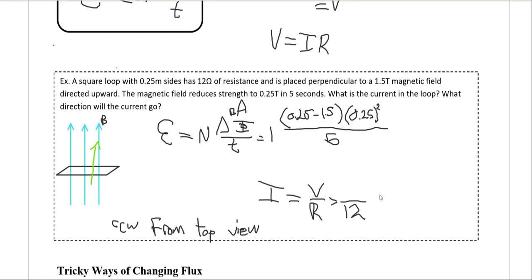That would be a good idea. I get an answer of 0.015625. And to find our current, we would then divide that by 12.